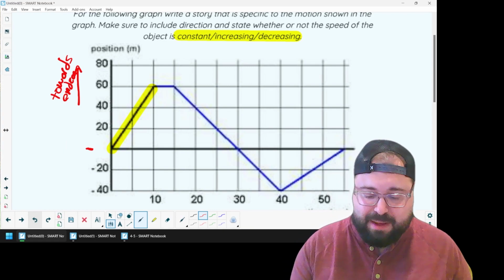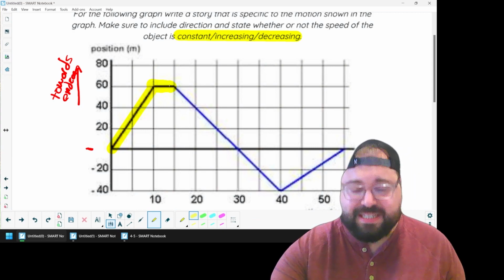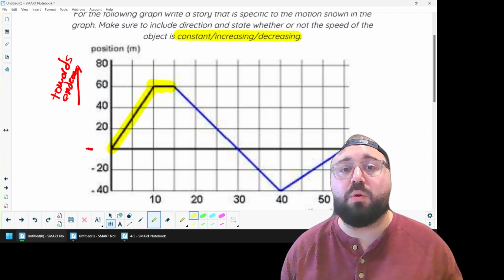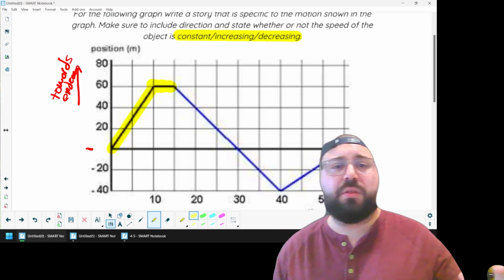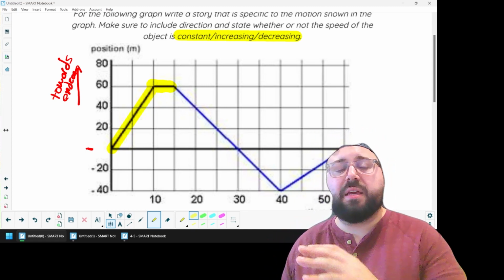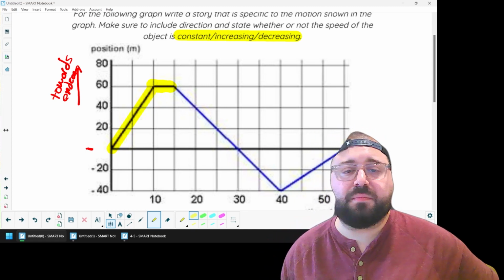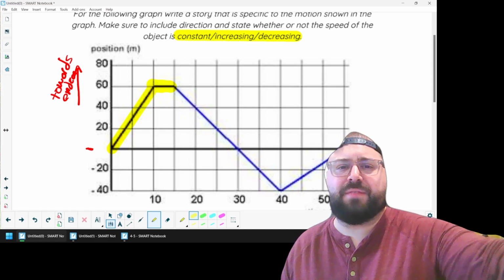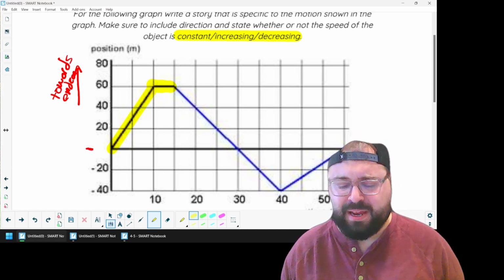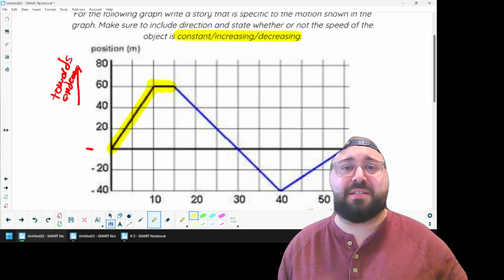We'll say they stop in the end zone for 5 seconds in disbelief because the quarterback ran all the way back towards his defensive end zone. I don't know football, man, and got sacked.